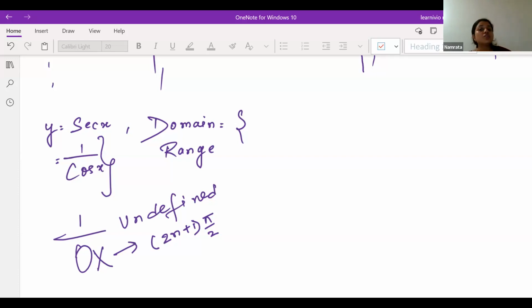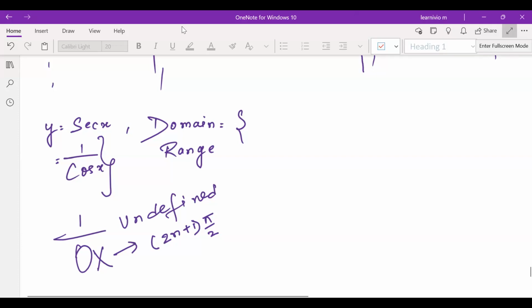These are all angles where cos becomes 0, so the denominator of sec x becomes 0. Okay, so here we are not going to take this point. So the domain will be all the real numbers except odd multiples of π/2. Are you getting it? Yes, ma'am.